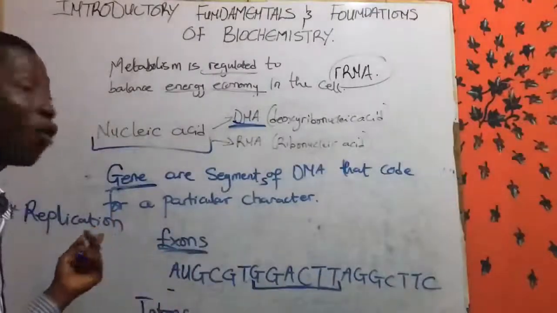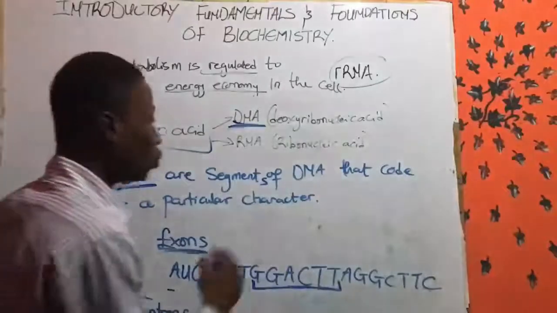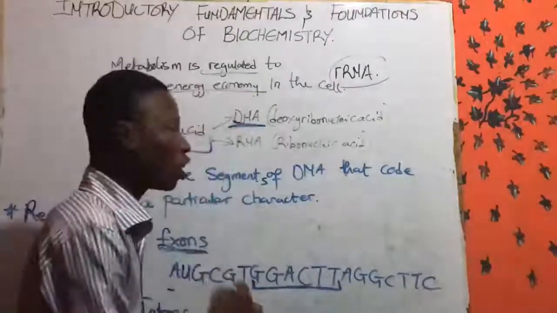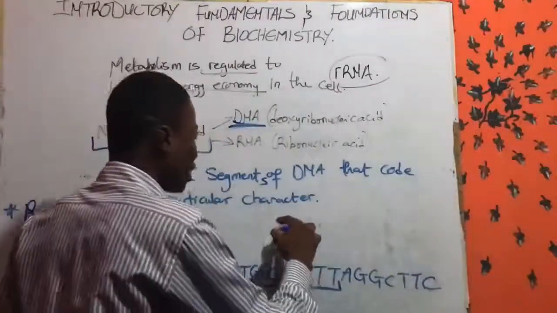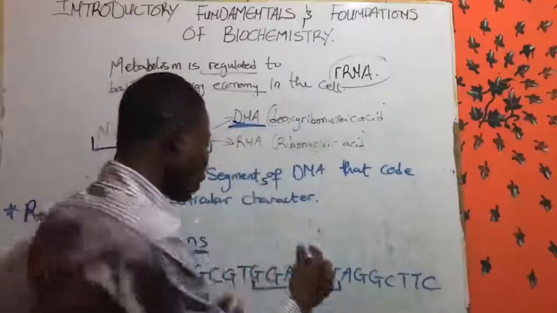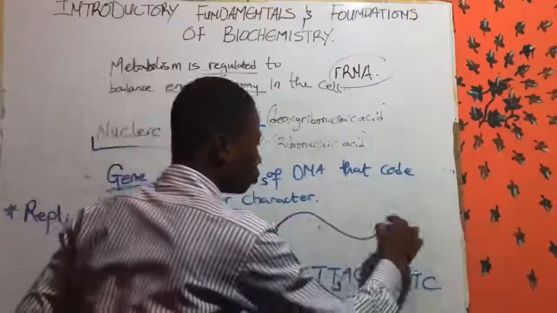Now let me come back to this. How is replication possible in a cell? In the nucleus of a cell, the DNA occurs in twin form like this, in a double helix.